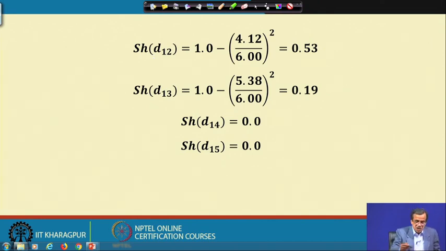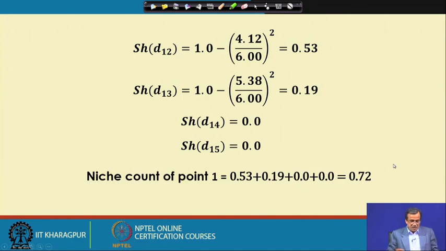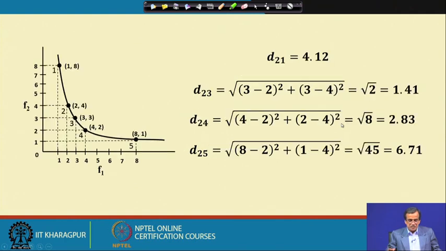Now, if this is the situation, very easily I can find out the niche count. So, the niche count for point 1 is nothing but 0.53 plus 0.19 plus 0.0 plus 0.0. So, this will become 0.72, the niche count for this particular point 1.